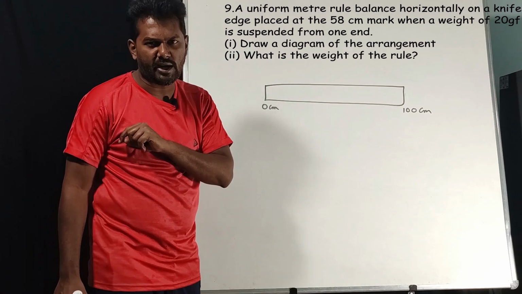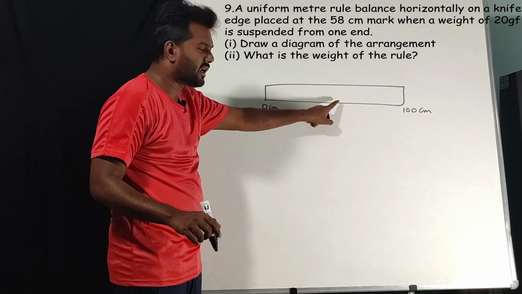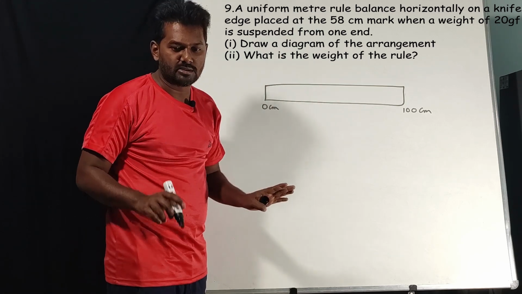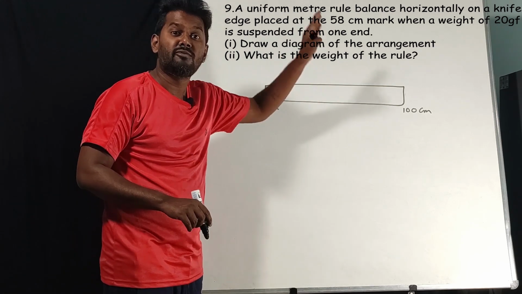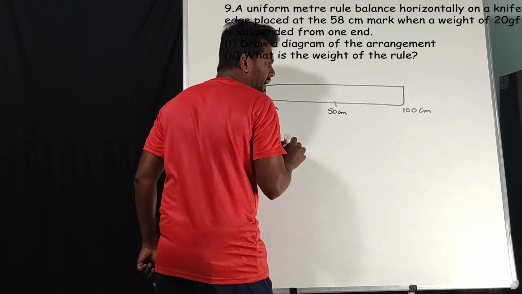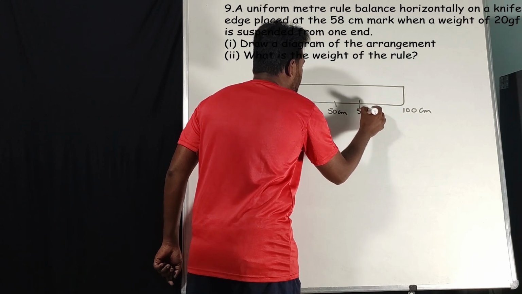So that is not possible, correct? Very important thing: uniform meter rule means exactly at the center. If you keep a knife there, it should balance at 50 centimeter. But now it is balancing at 58 centimeter.